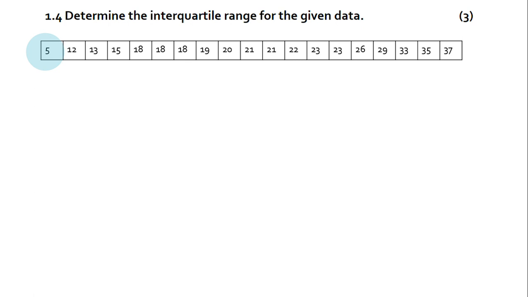So this is our minimum, and this is supposed to be there at 37, so that would be our maximum. Now this is our Q2. So this is the value which is in the middle. In total, we have 19 values here. So this is our value in the middle.